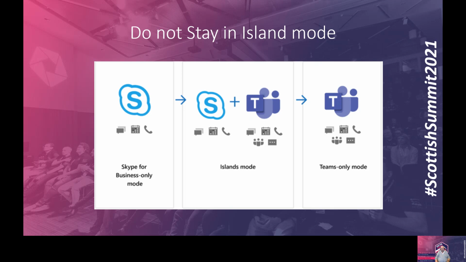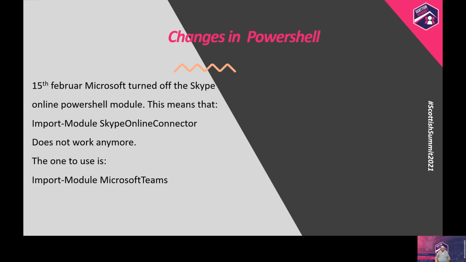After you have done the hybrid, there are just a few PowerShell commandlets to run, and then the users are free to use the Teams client with enterprise voice and so on. Then some PowerShell information.